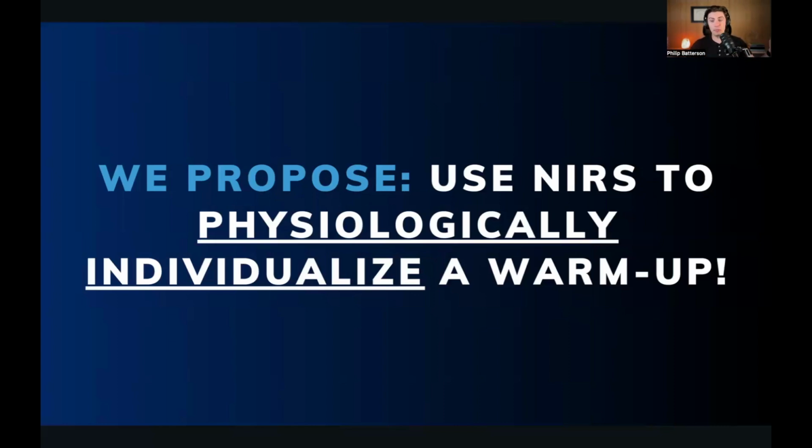And who knows, maybe there isn't, but we don't know the answer to that quite yet. So I'm proposing to all of you, maybe this is a decent, easy study idea that could potentially be used for an exercise phys class, or master's thesis, or maybe even a PhD thesis, if somebody is interested in warm-up effect.